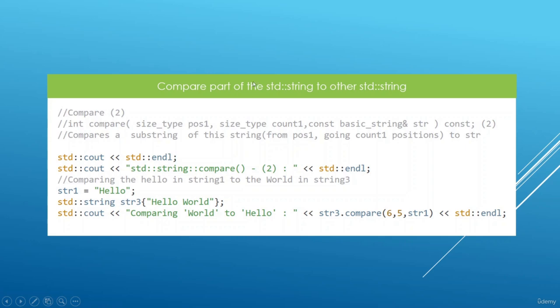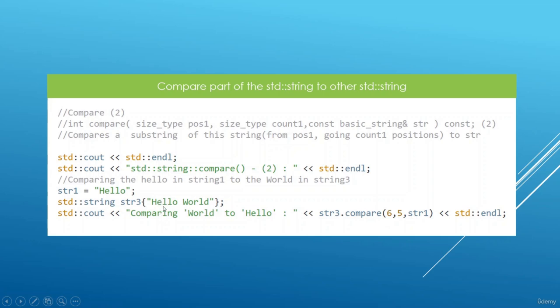We can also compare part of a string to another string. Here we have a simple example to play with. We have hello stored in str1 and we have hello world stored in str3. We can say we want to compare world to the hello that we have in str1, and we're going to get world as part of str3. The way we're going to do that, we're going to hunt for the index of this world here, and it is going to be index 6.